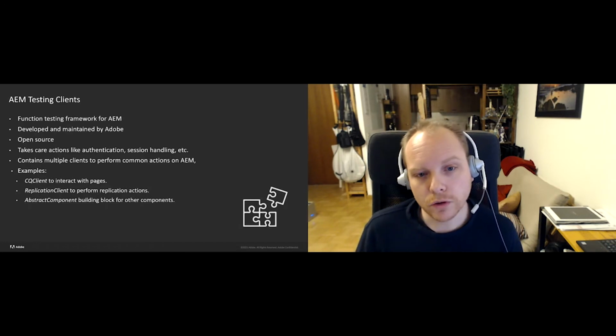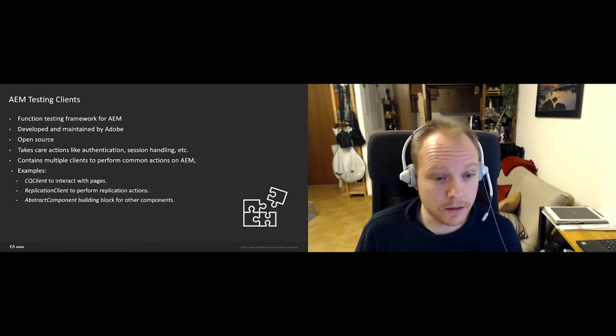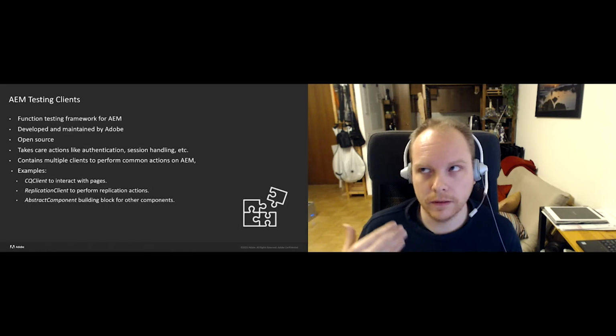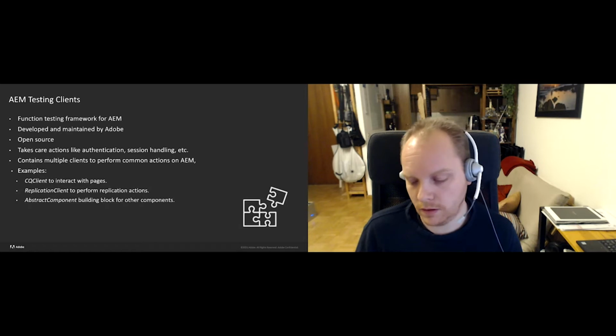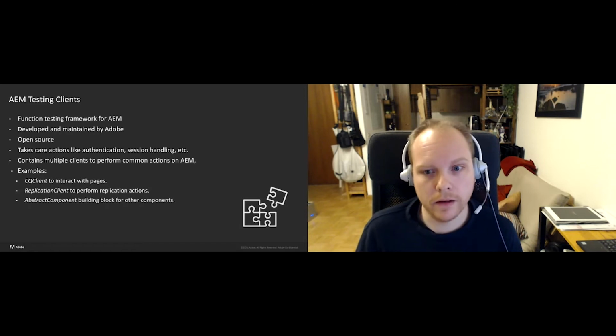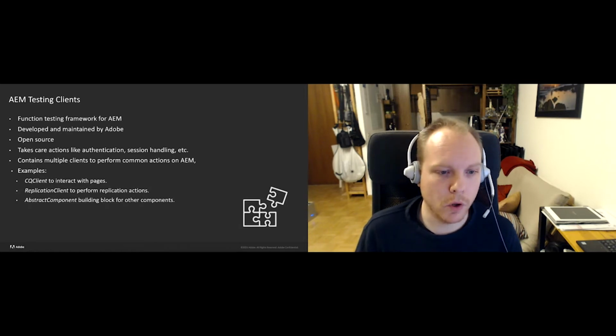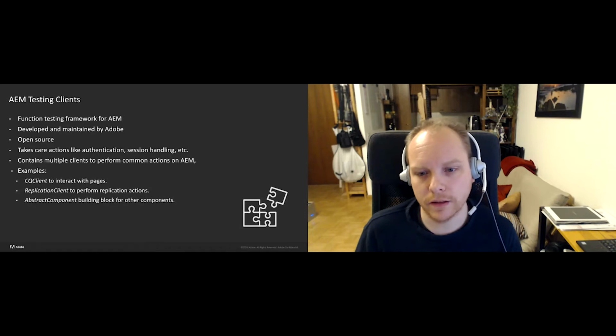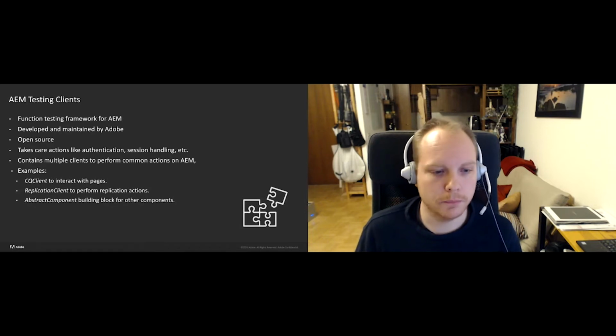It is composed of mostly some clients that take the whole interaction with AEM, and they also provide you some building blocks on which you can extend in order to create your custom clients or components. So for example, we have the CQ client that takes care of mostly interacting with pages, creating pages, deleting pages, and so on.